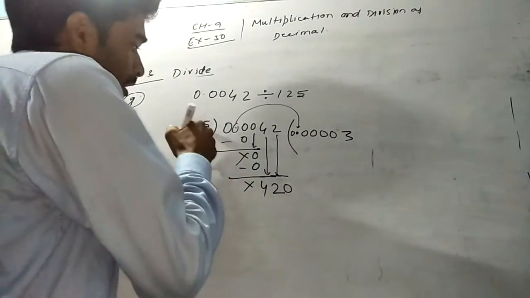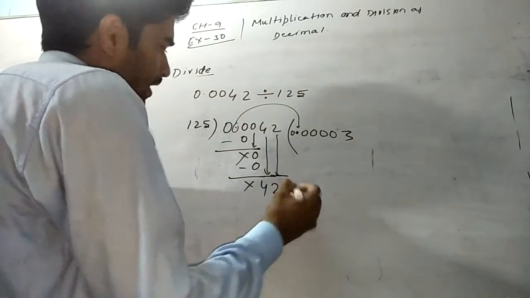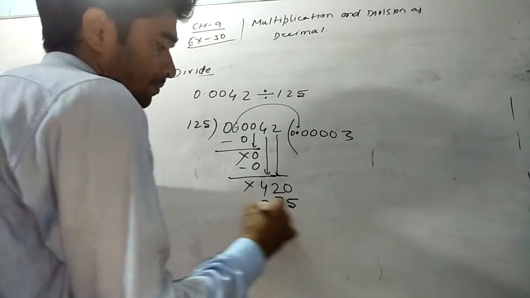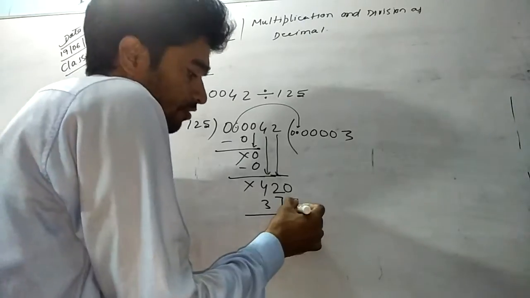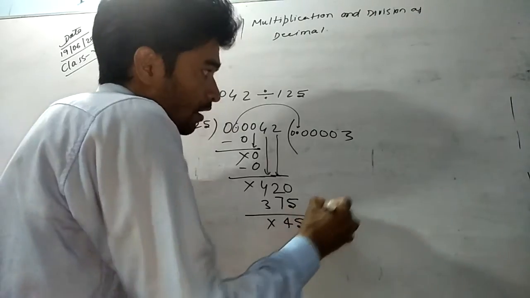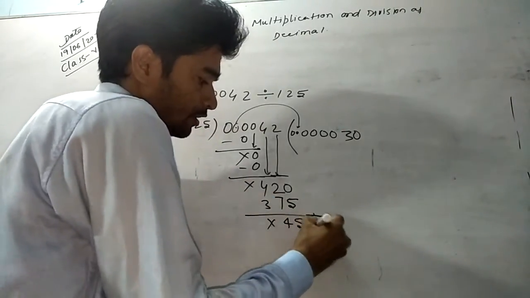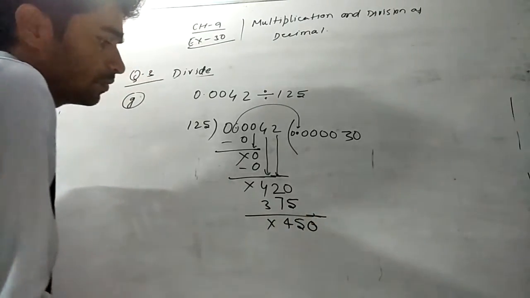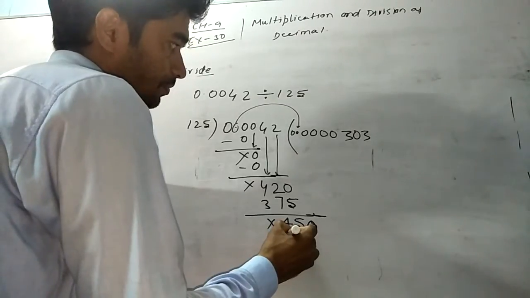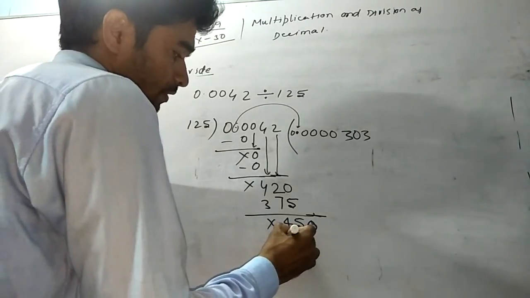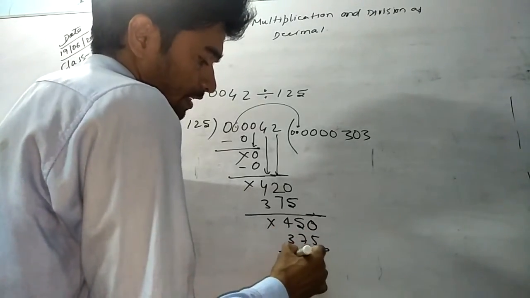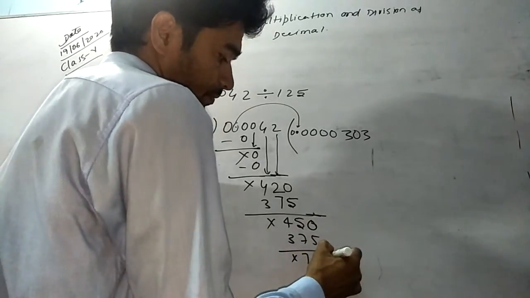3 times 5 is 15, 5 carry 1, 3 times 2 is 6 plus 1 is 7, and this is 3. Put 10 subtracted from 5, so this is 5. Again 0, this is 0. Then 3 times 7 is 5, 5 7 cancelled, and again 0.